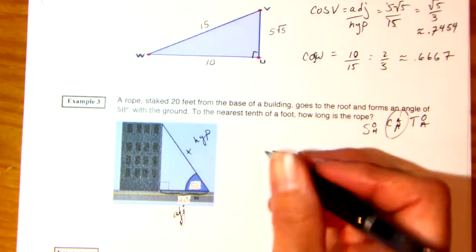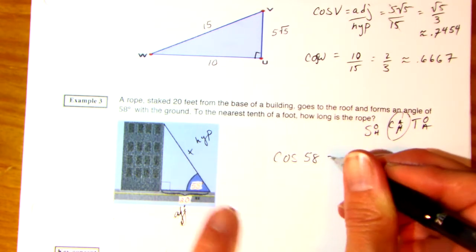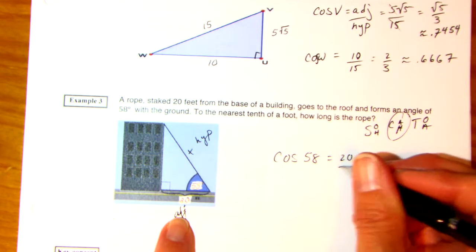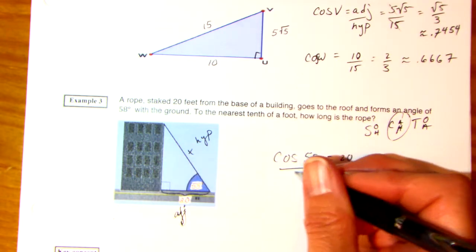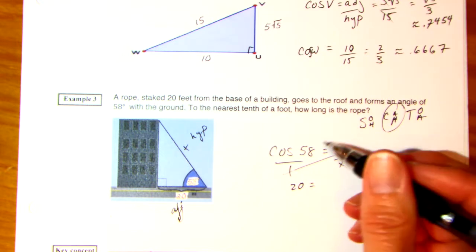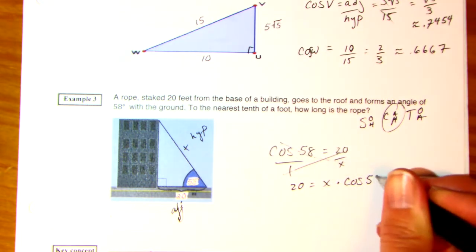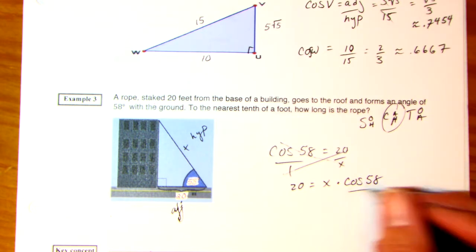So we're going to be dealing with cosine. Cosine of 58 is equal to adjacent over hypotenuse. So I need to cross multiply and solve. 20 is equal to x times cosine of 58. Divide both sides by cosine of 58.